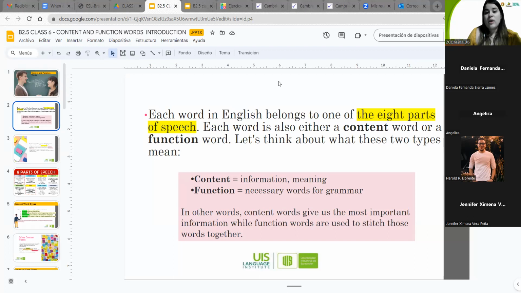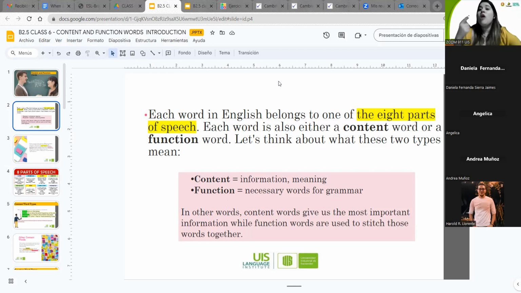And then on the other hand, we have function words that are those necessary for grammar. For example, connectors or prepositions, auxiliary verbs, you see? So for example, if you say to a person, I, to, for, the person is gonna say, what are you trying to say?